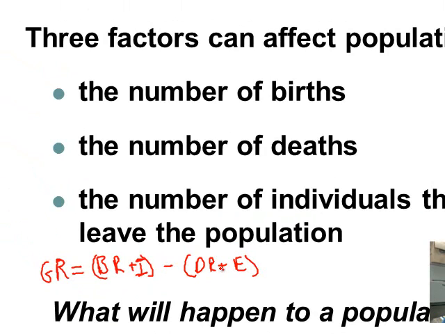We'll add these together, how many total were removed from the population, find the difference, and we'll see if our population is growing or decreasing. It's just a real simple form of population growth.